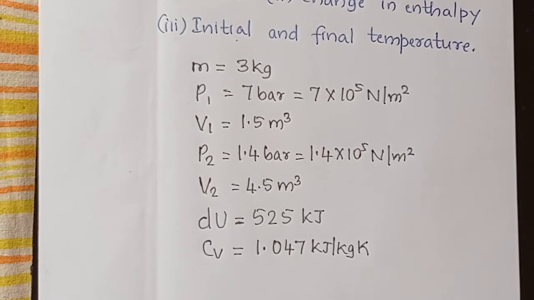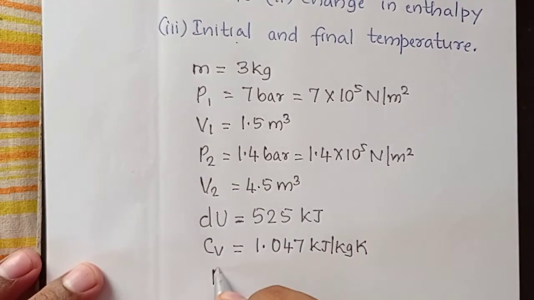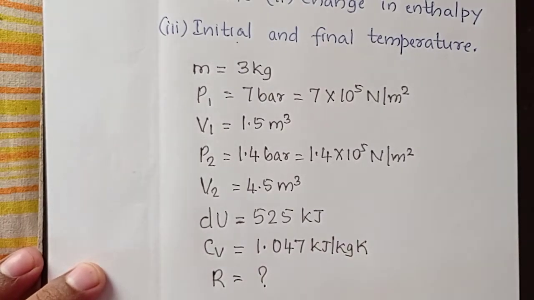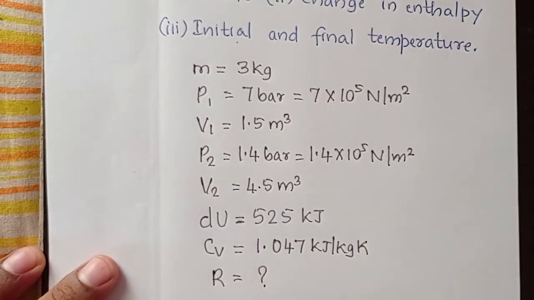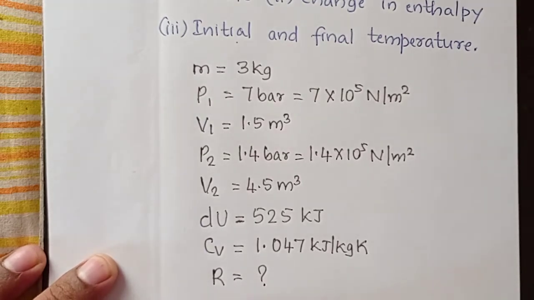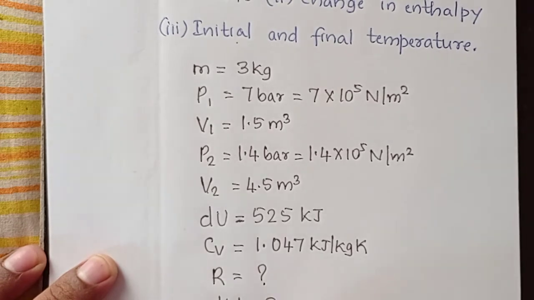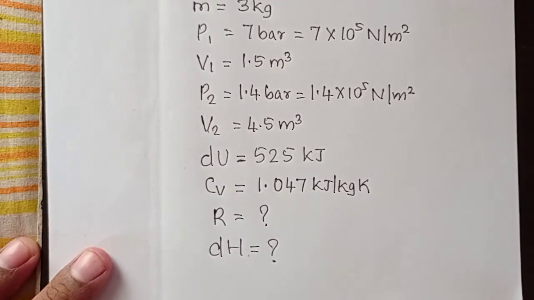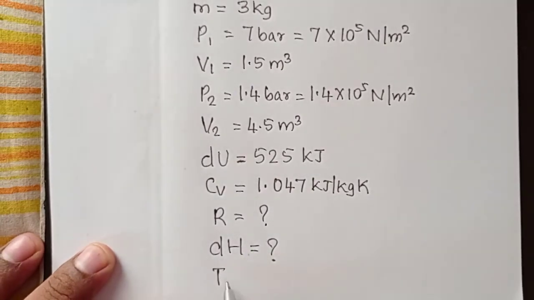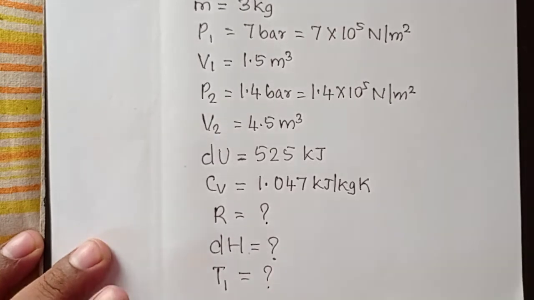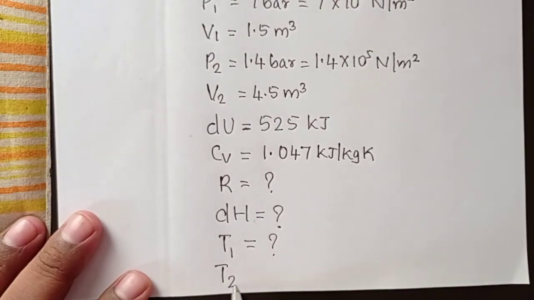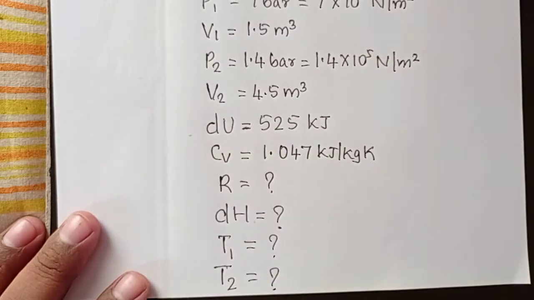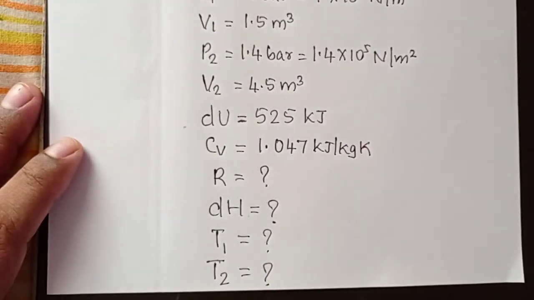So what all things do we need to find out? We need to find out the gas constant R. Second, the change in enthalpy, that is dH. And the third thing we need to find out is the initial and final temperatures.